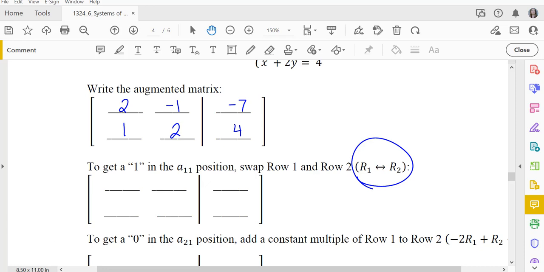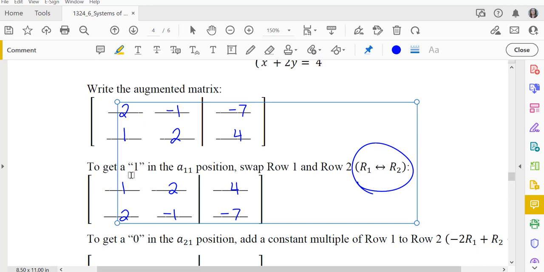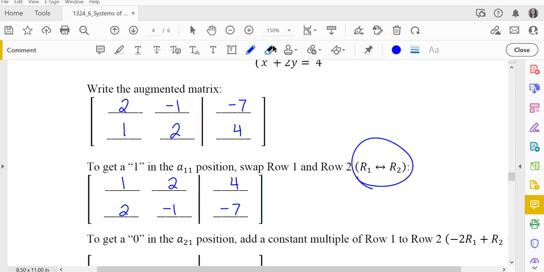After we do that, row 1 becomes row 2, and row 2 becomes row 1. All right, we now have our 1 in the top left position. That's good.